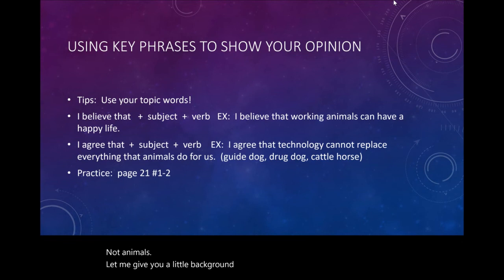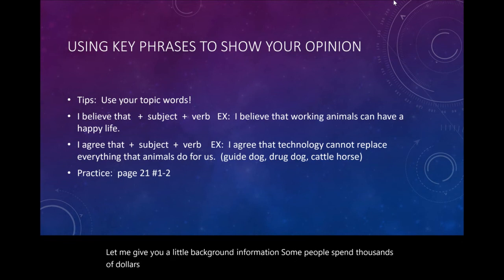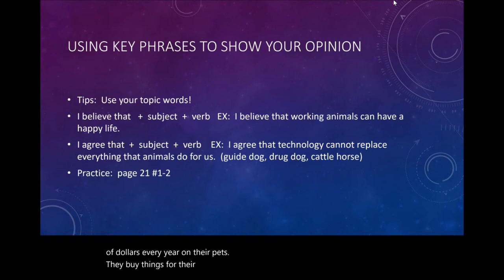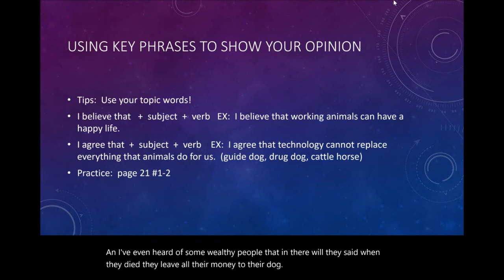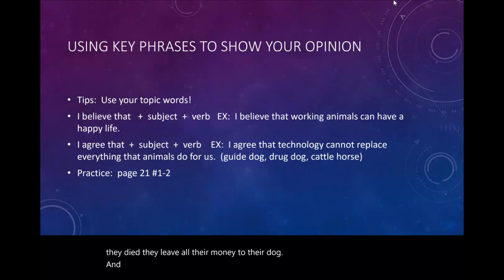Let me give you a little background information. Some people spend thousands of dollars every year on their pets. They buy things for their pets, right? They take their pets on trips with them. And I've even heard of some wealthy people that in their will, they said when they died, they leave all their money to their dog. And I think that's crazy.